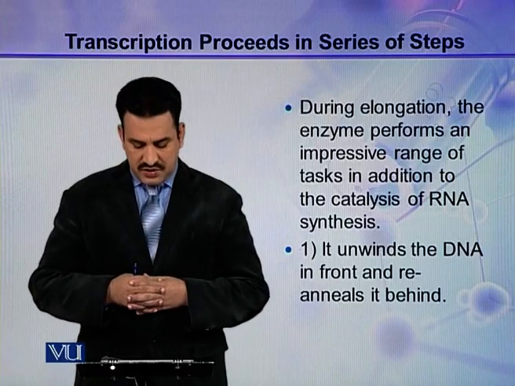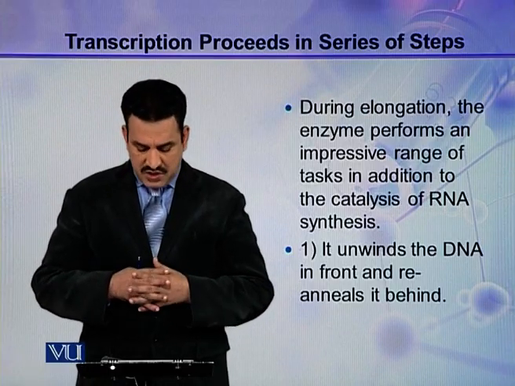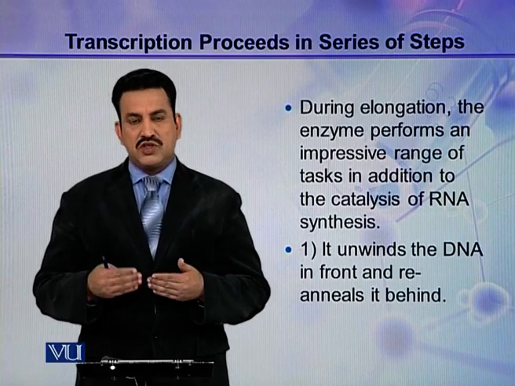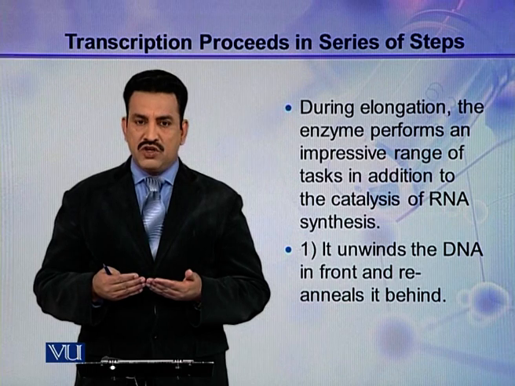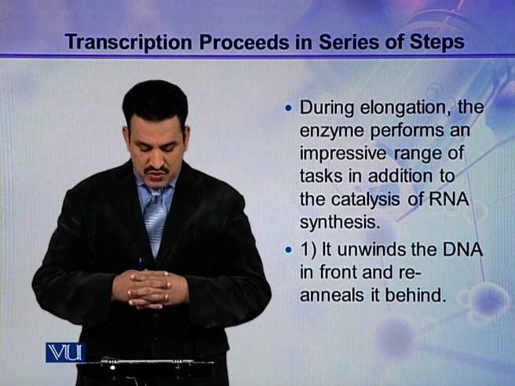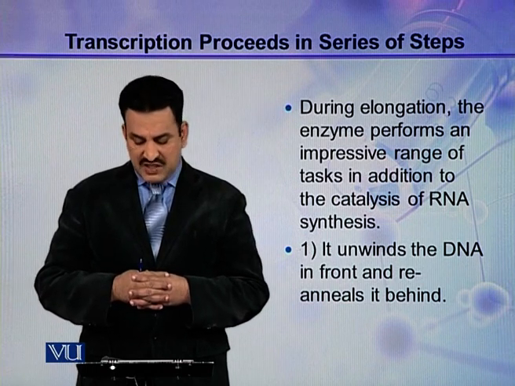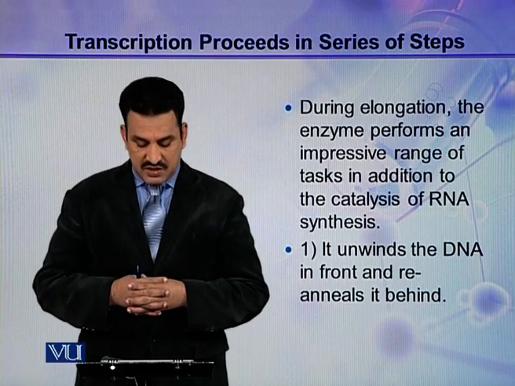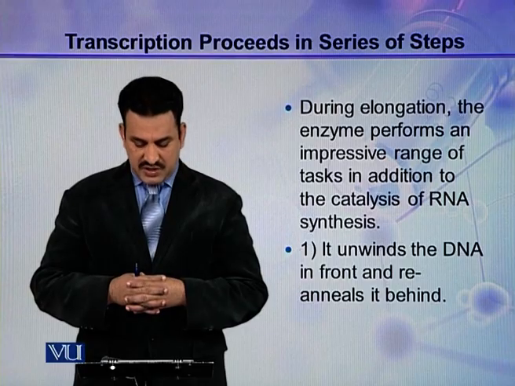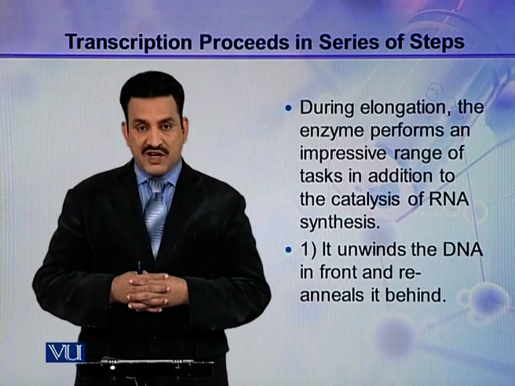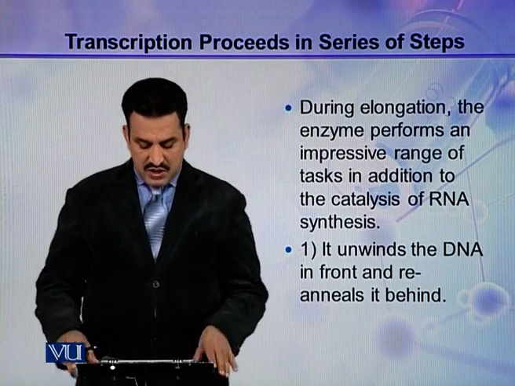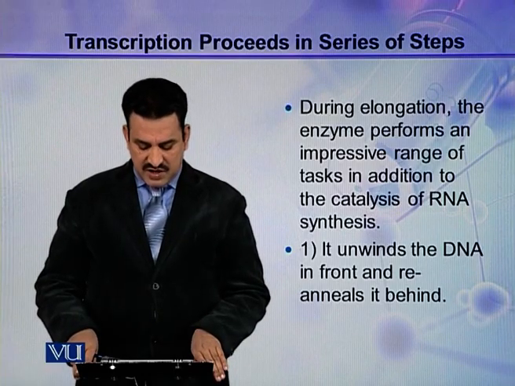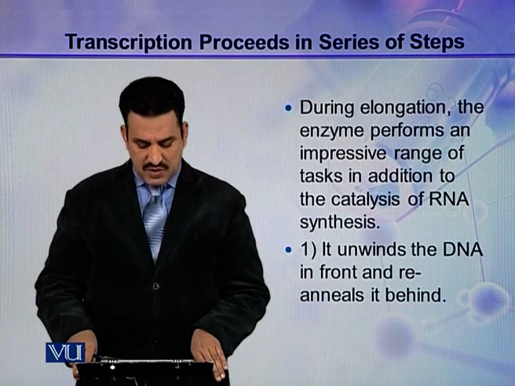During elongation, as the name indicates, the enzyme performs the synthesis of the RNA molecule in addition to a number of impressive tasks which are performed by this RNA polymerase. These tasks include that it unwinds the DNA in front and re-anneals it behind.